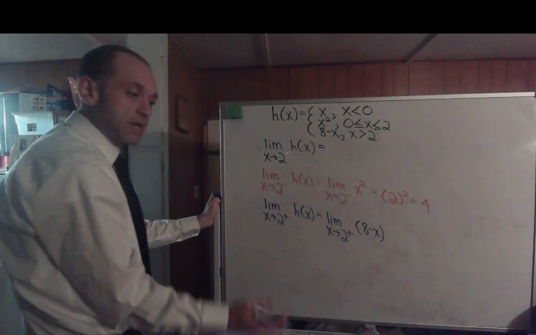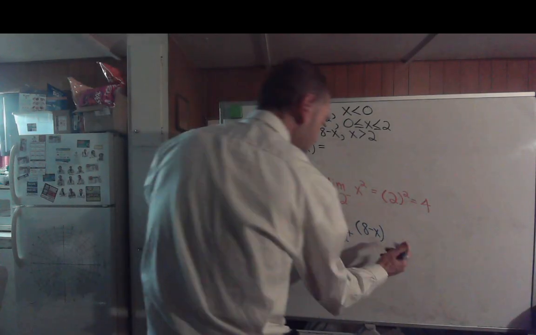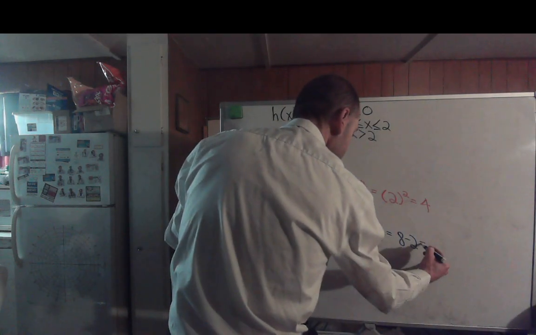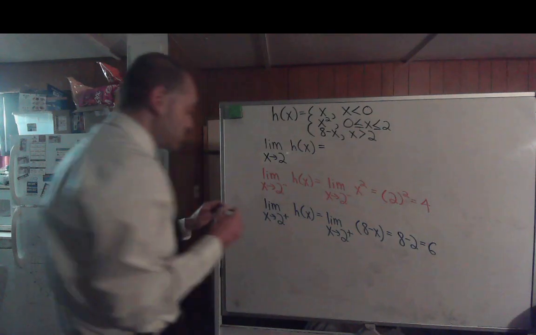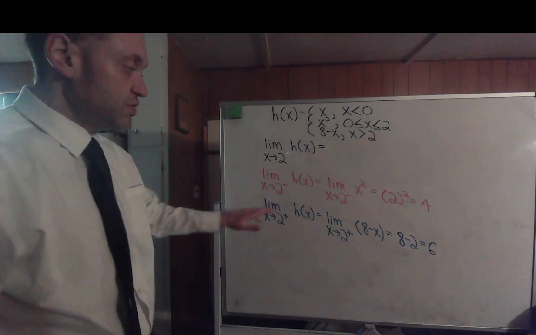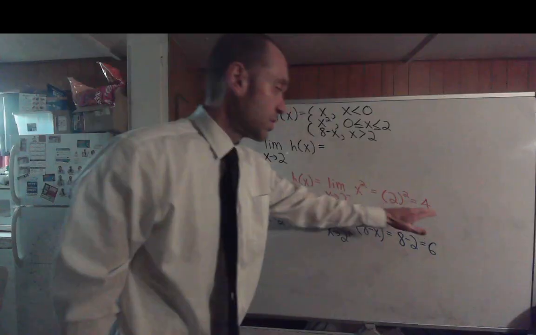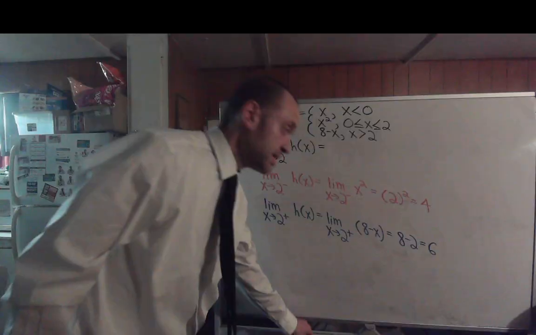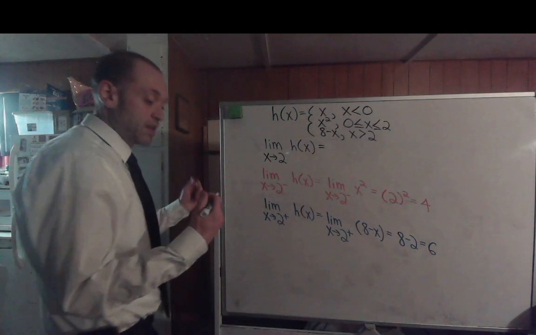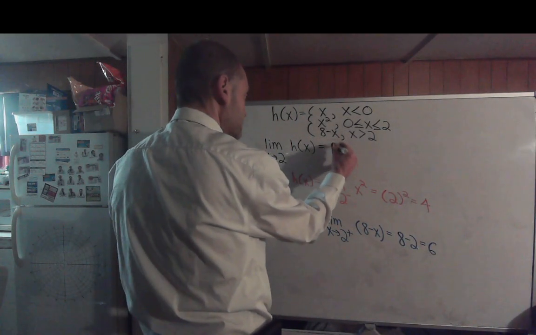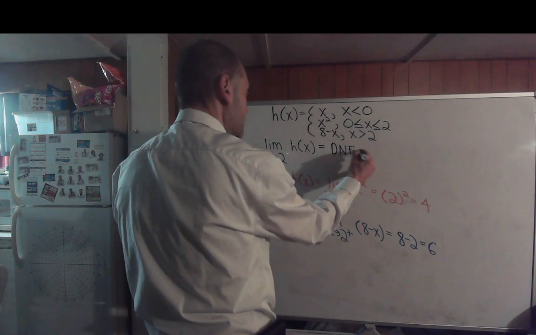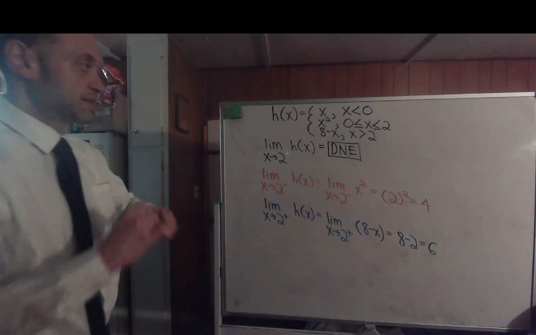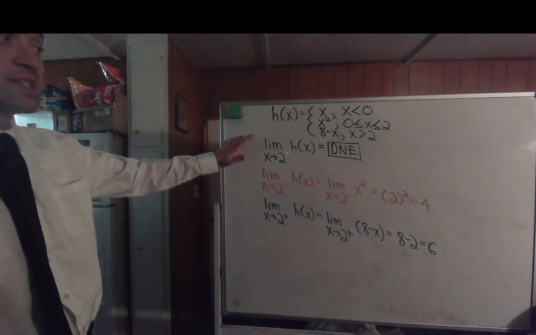And we can do direct substitution, put 2 in for x. This would become 8 minus 2, which would be 6. So at x equals 2, your left-handed limit is 4, your right-handed limit is 6. Your left-handed limit does not match your right-handed limit, therefore the general limit as x approaches 2 does not exist. So we can say the general limit as x approaches 2 of this function does not exist.